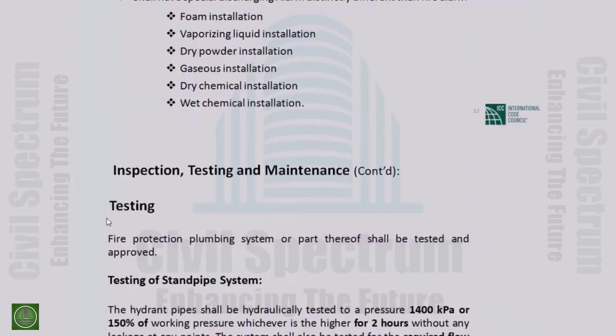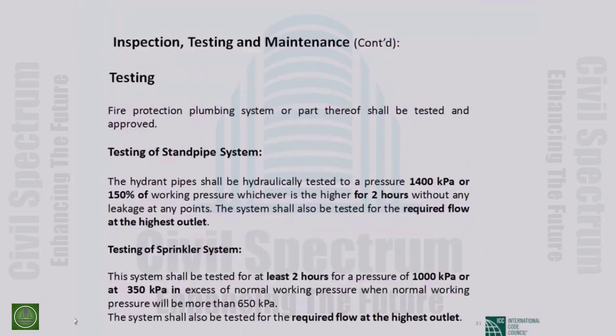The testing for a sprinkler system. The system shall be tested for at least 2 hours at a pressure of 1000 kilopascal, or 350 kilopascal in excess of nominal working pressure when normal working pressure is more than 650. If you understand, 650 and 350 is 1000, so 1000 kilopascal is the normal test pressure, but you may have some special case.